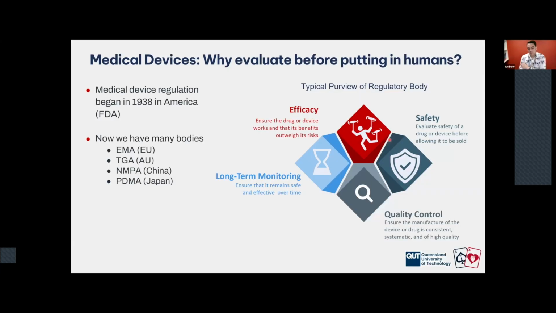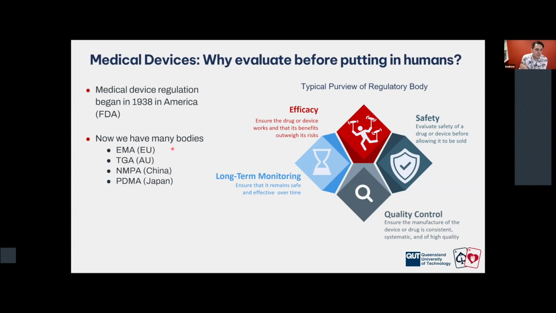All right, medical devices. Why do we need a mock loop? We need to evaluate our medical devices before putting them in humans. So, medical device regulation began in 1938 in America. The FDA is the most mature of the regulatory bodies at the moment. Since then, we've had many other regulatory bodies pop up over the years.